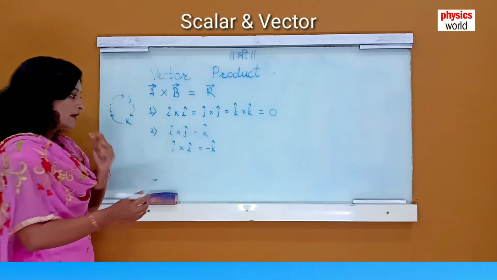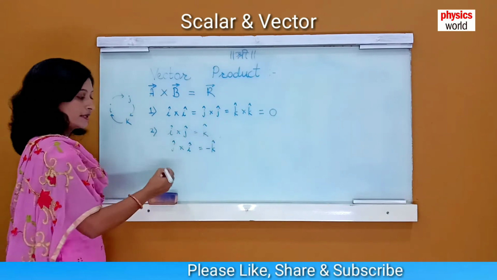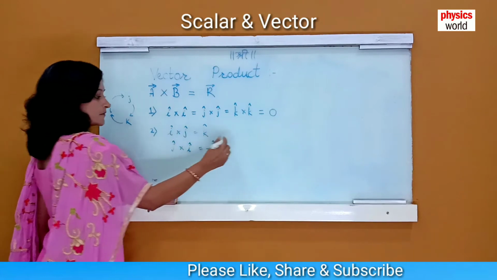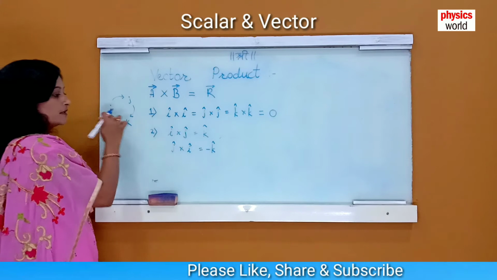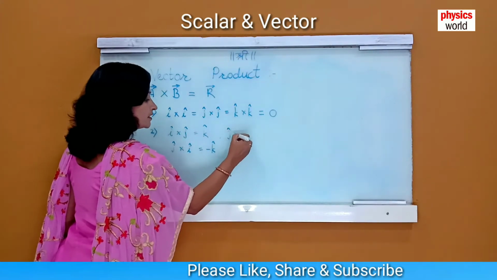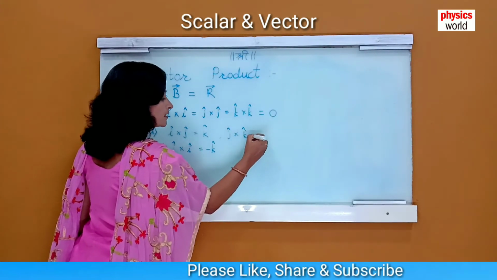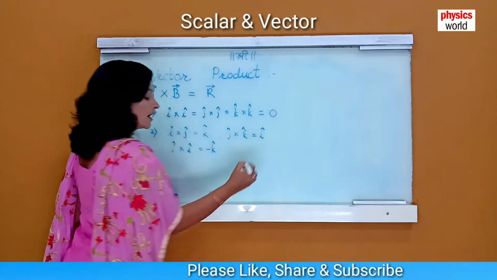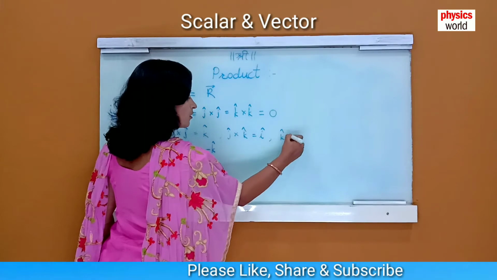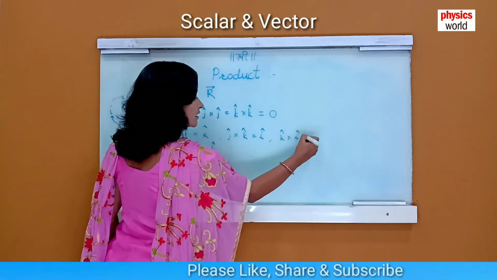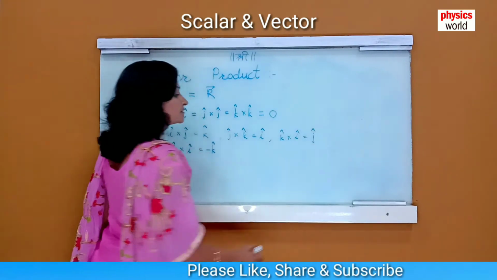Similarly, for the other two, I will give the one line only here. i cross j is k. So, j cross k will be the remaining third, i. Similarly, k cross i is the third one, j.